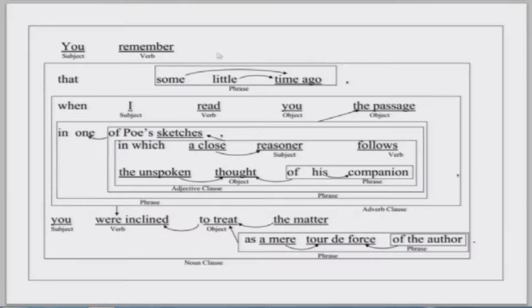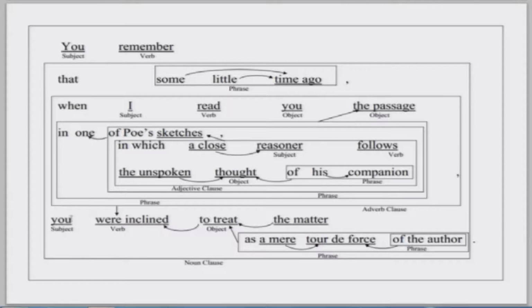It is covered within a single page. You remember something, that something is this entire thing. And inside that, the main clause is you were inclined to treat the matter.